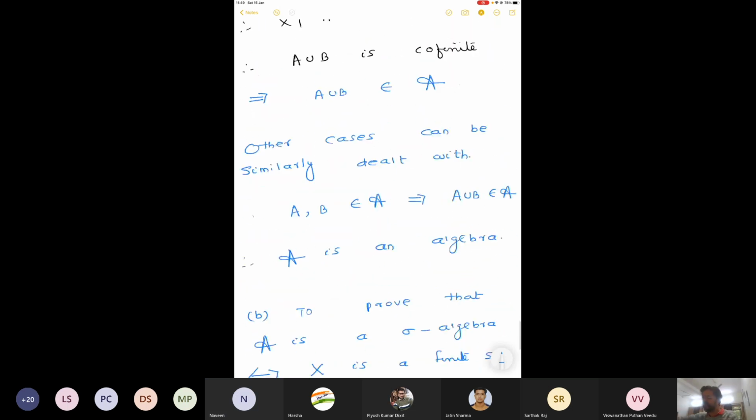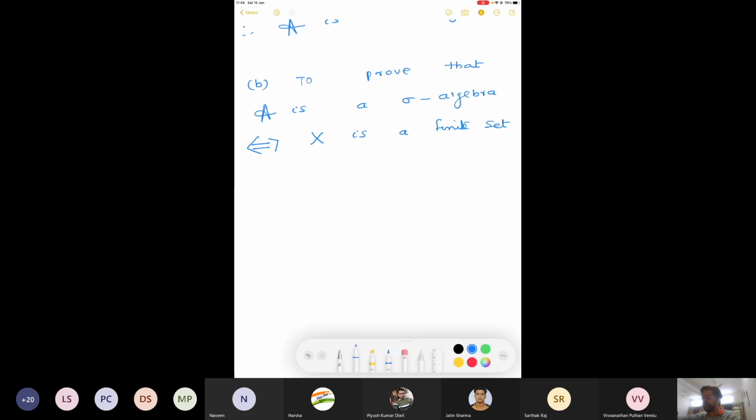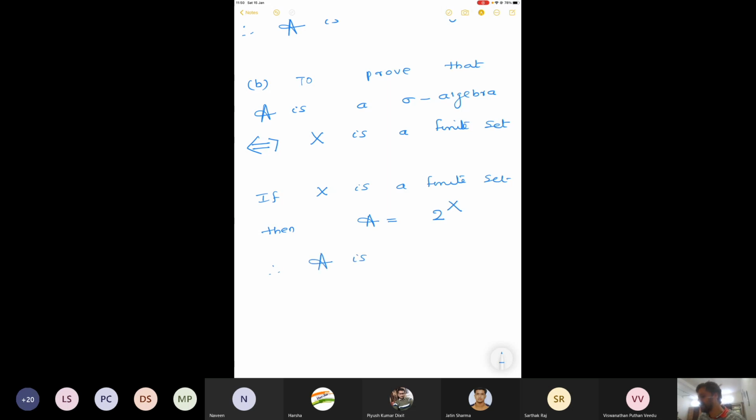That we already wrote, but let me write again. If X is a finite set, then script A will be equal to 2 power X. Therefore, script A is a sigma algebra.